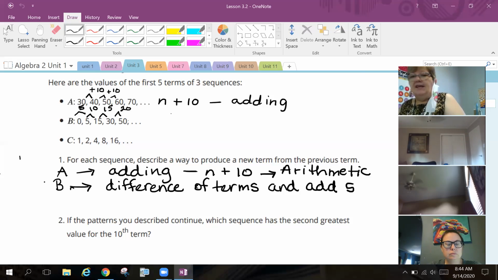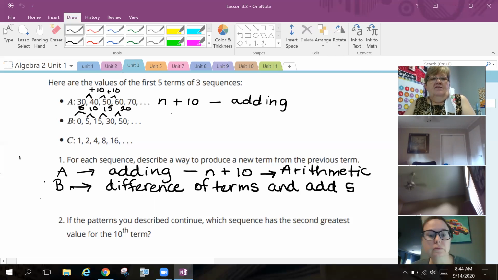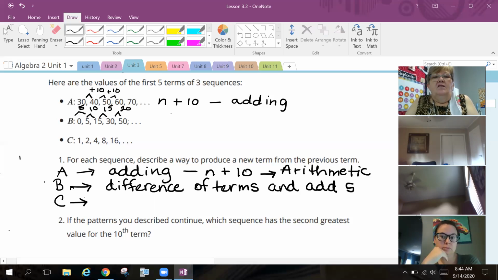Look at letter C. What's happening there? You're adding the latest. So 2 to 4 is 2, and then 4 to 8 is 4, 8 to 16 is 8. You're doubling the previous number.